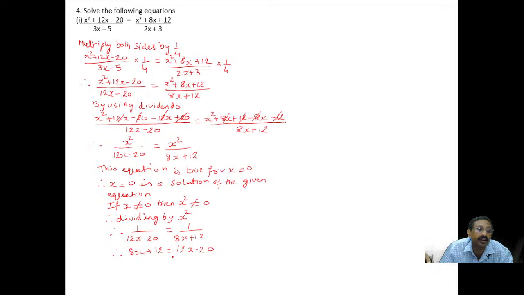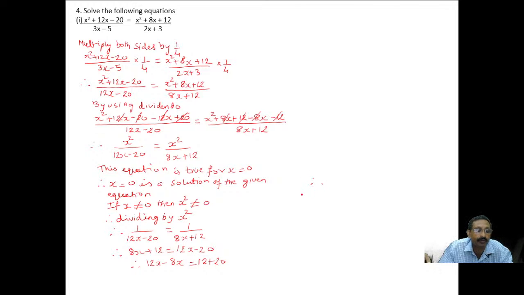Then what do we get here? Let us bring 8x over here and let us bring 20 over there. So what we get is, therefore, 12x minus 8x is equal to, bringing that 20, 12 plus 20.